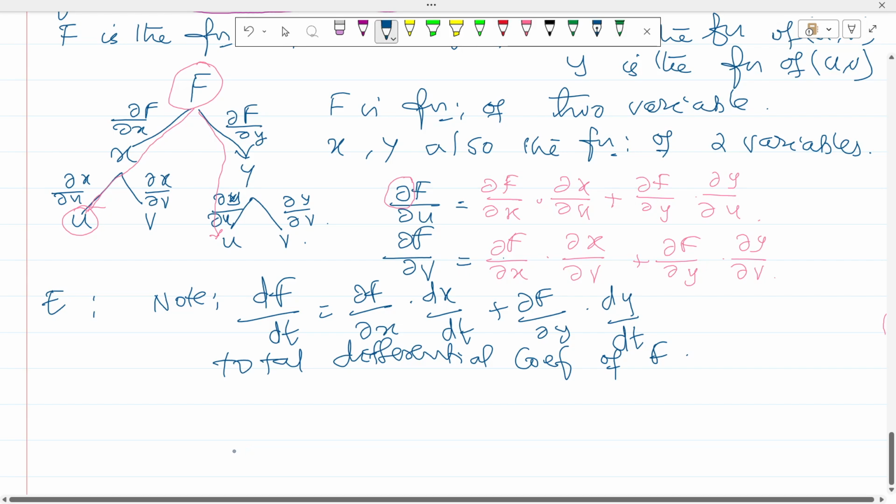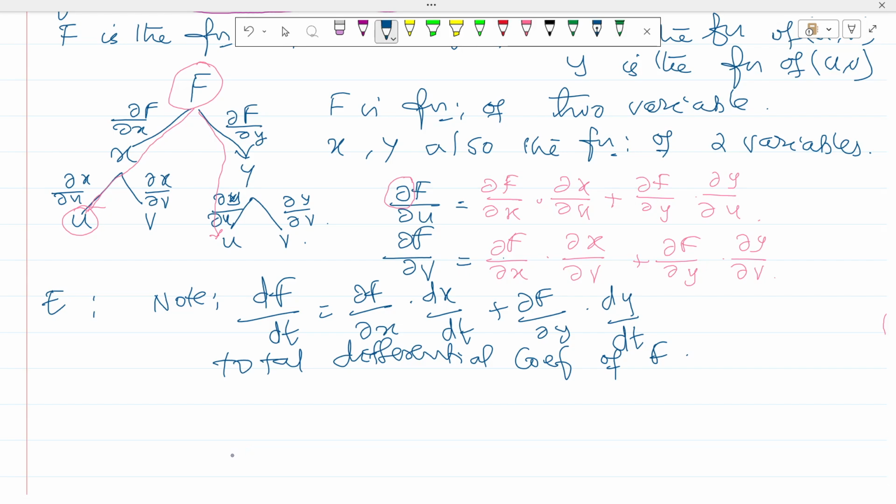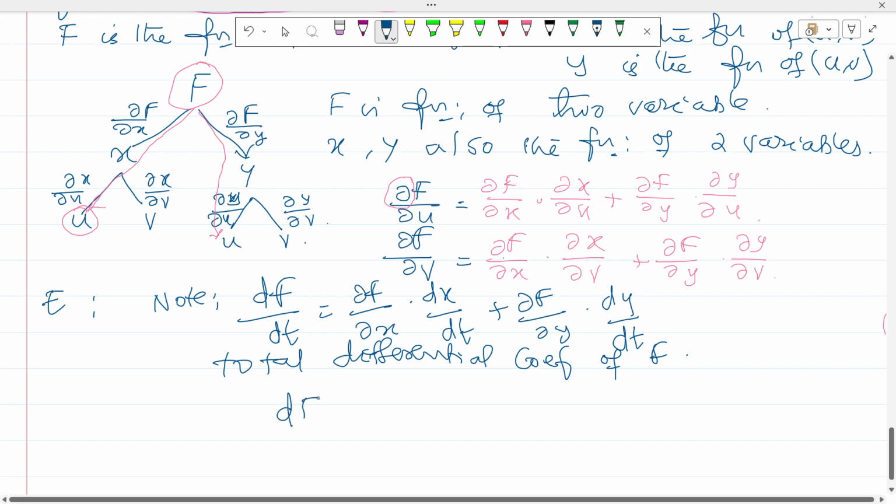And one more important definition is that if I want only df, not dt, df equals dou f by dou x into dx plus dou f by dou y into dy.